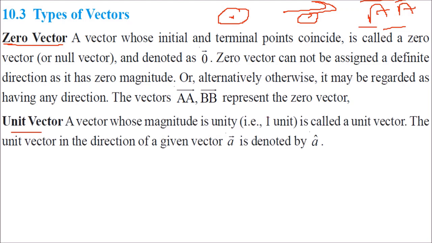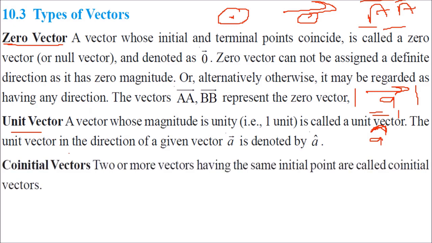Then we have unit vector. Any vector with magnitude equal to 1 is called a unit vector. It has a special notation: we write a cap on it. So A cap means a unit vector. Co-initial vectors: two or more vectors that start from the same initial point.